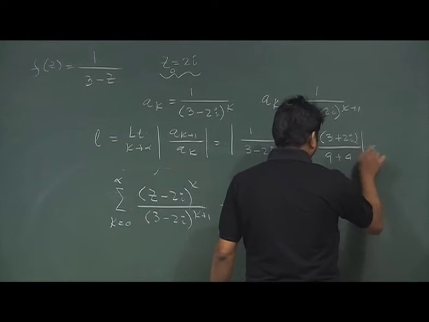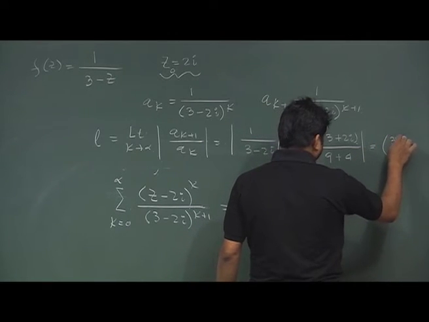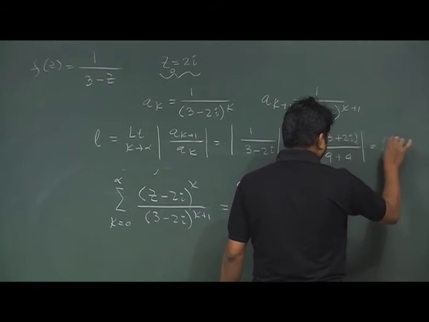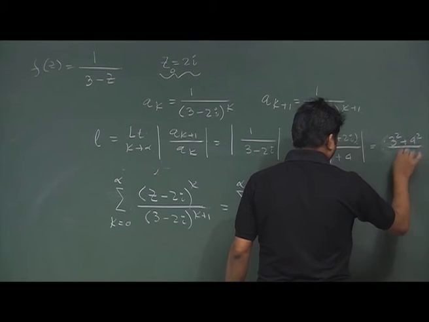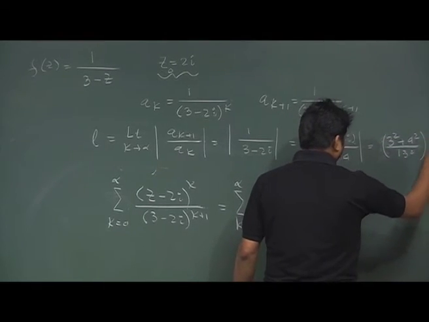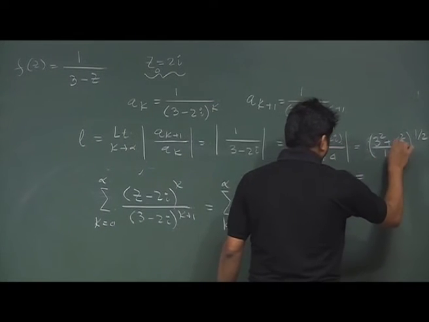So the result will be something like 3 square plus 4 square divided by 13 square whole to the power of half, 3 square plus 2 square. So again 13.